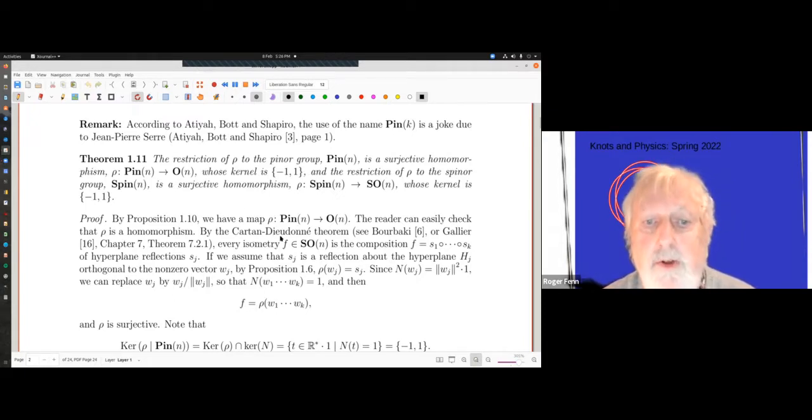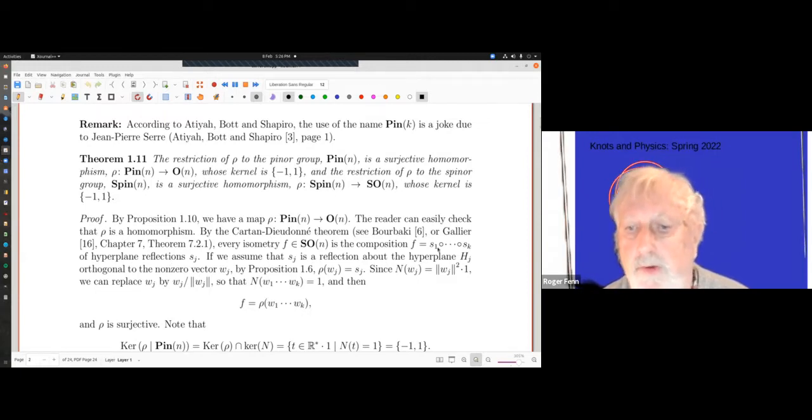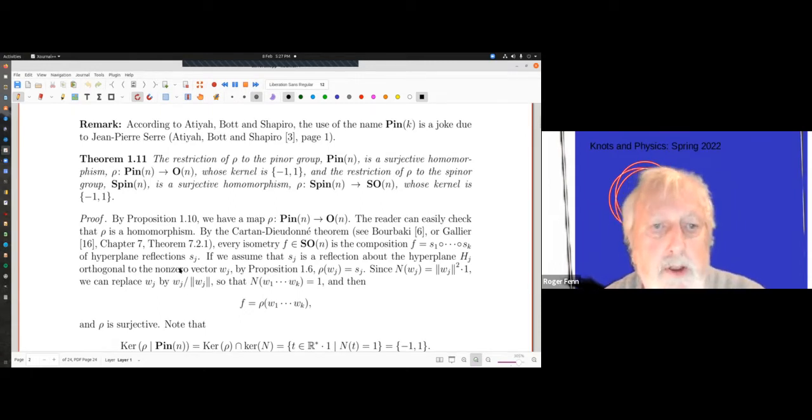Now, by the Cartan-Dieudonné theorem, every isometry is a composition of hyperplane reflections, so F is S1 through Sj. And of course, these reflections are defined by conjugating by an element wj, which we can assume is a unit vector by dividing out by its modulus and so on.